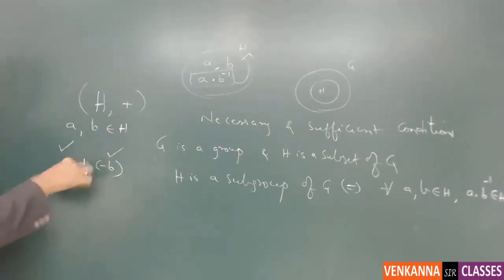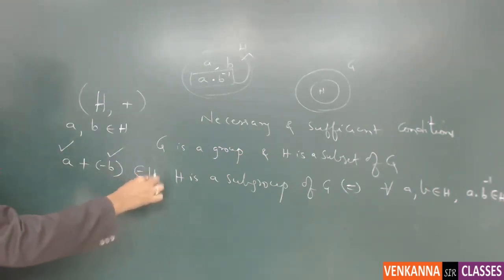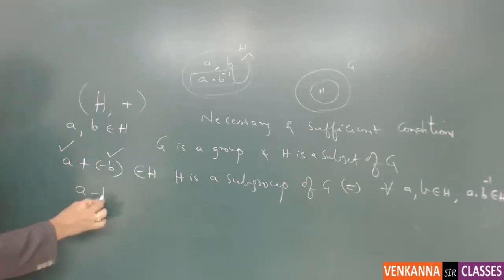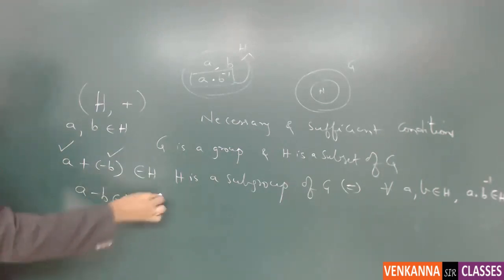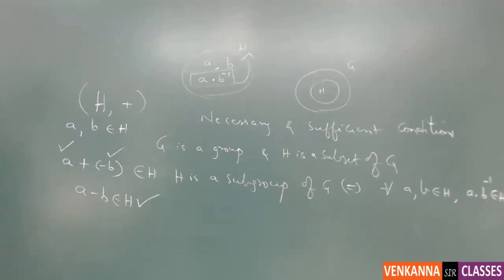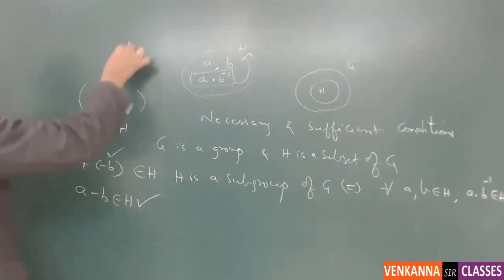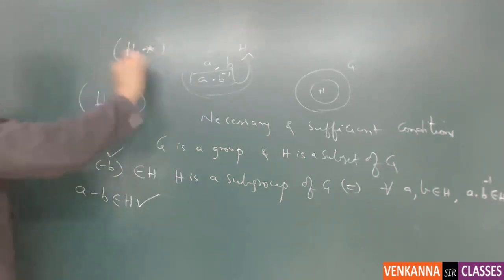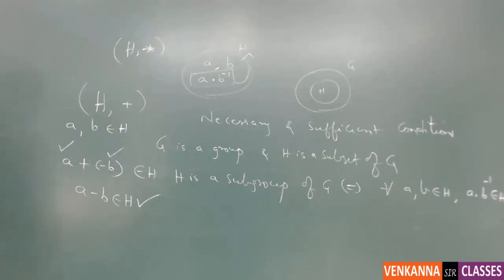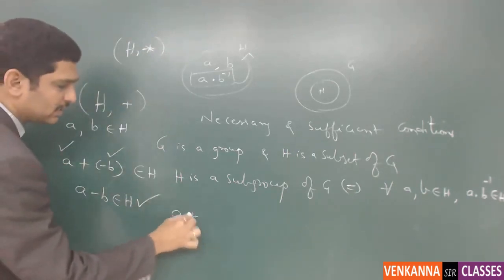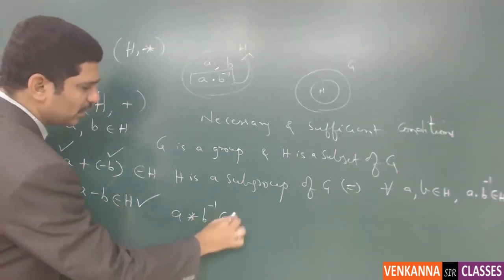I am applying the operation, and it must belong to H. So I have to verify whether A minus B belongs to H or not. Did you understand what is meant by A dot B inverse actually? Suppose you say H comma star is the operation. Then I have to prove that A star B inverse belongs to H.